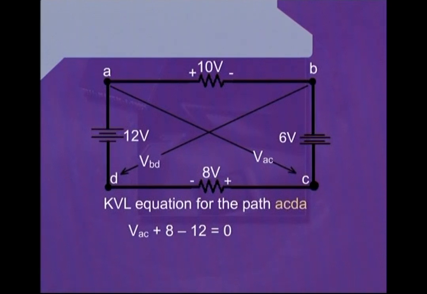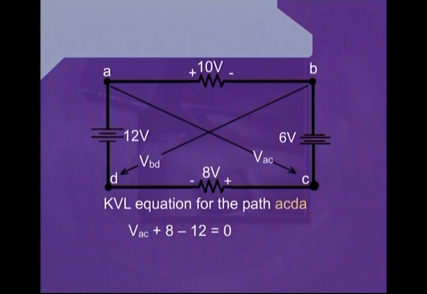After reaching the point D, we will be looking towards the point A, and once again we encounter a 12 volt voltage source between the points A and D. Also, we can see that the negative terminal of this voltage source has been attached to the point D. Therefore, while looking towards point A from the point D, we can see a negative sign.